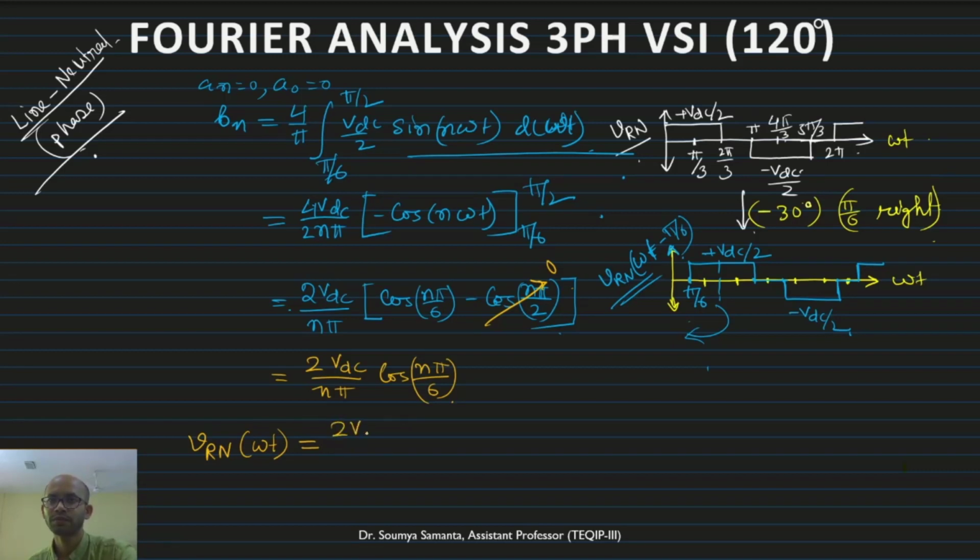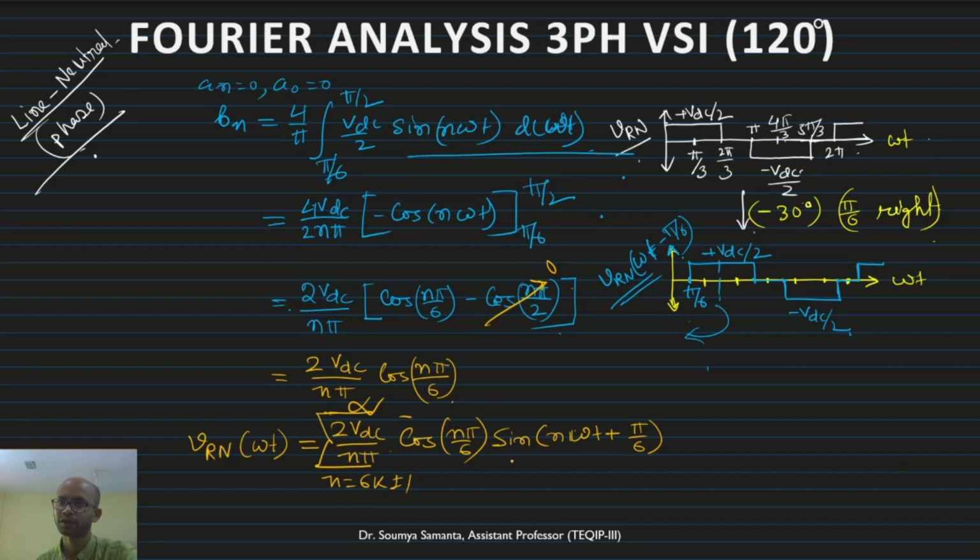So twice VDC by n pi, cosine of n pi by 6, sine of n omega t plus pi by 6, with summation over n equals 6k plus minus 1 to infinity, since n equal to 3 multiples will be 0.